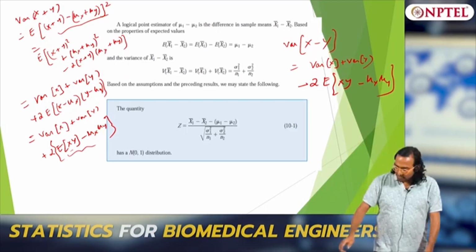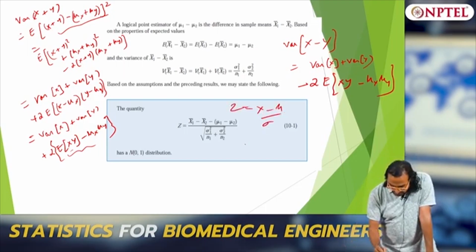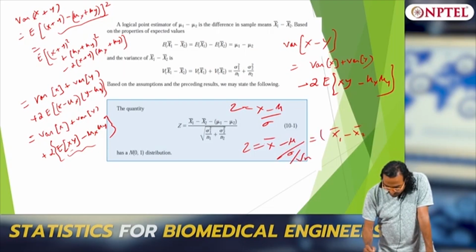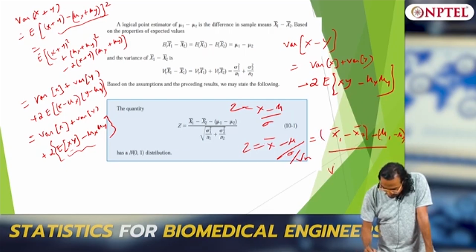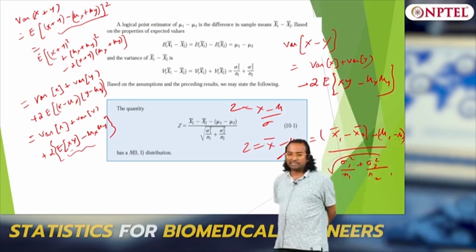The standard normal test, which is nothing but x minus mu by sigma, in this case x bar minus mu by sigma over root n. Now this x bar itself will become x1 bar minus x2 bar minus mu 1 minus mu 2 divided by the square root of sigma 1 squared by n1 plus sigma 2 squared by n2, that is the test statistic.